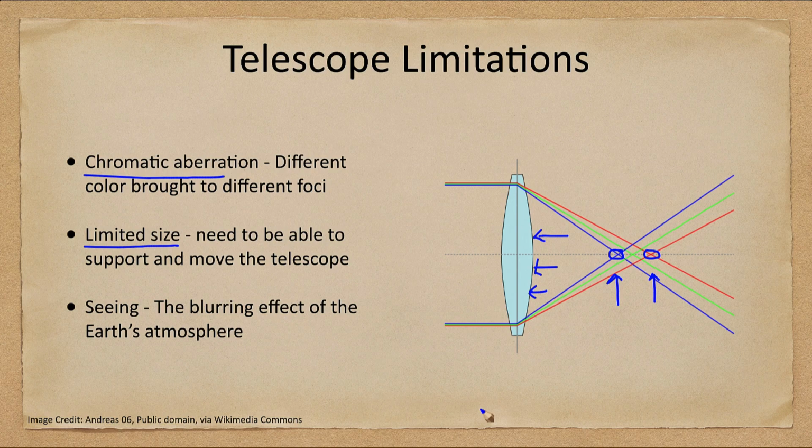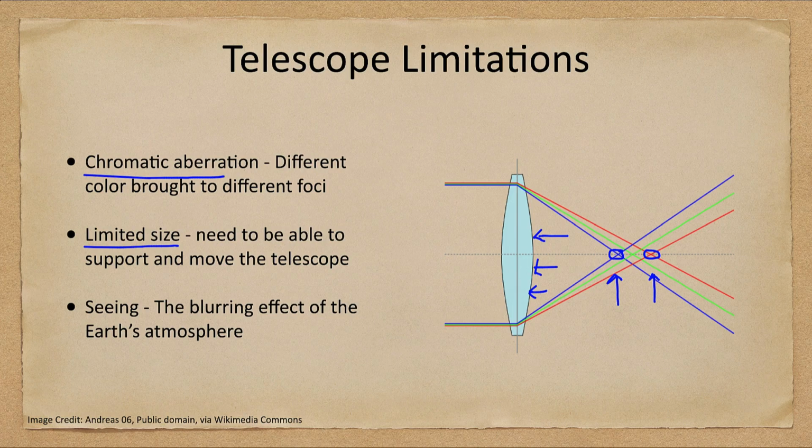So a larger mirror, it's a lot easier to build a larger mirror than it is a large lens, which is why the largest refracting telescope is about a 40-inch mirror, sorry, 40-inch lens, which was completed in the late 1800s. Nothing has been larger than that since.